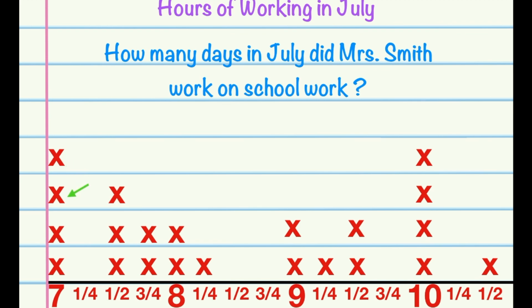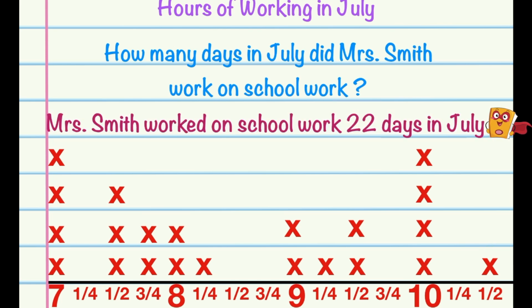Each X represents one day, so there's 1, 2, 3, 4, 5, 6, 7, 8, 9, 10, 11, 12, 13, 14, 15, 16, 17, 18, 19, 20, 21, 22. 22 days. Mrs. Smith worked on schoolwork 22 days in July.